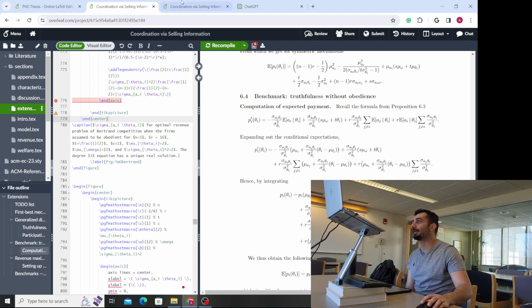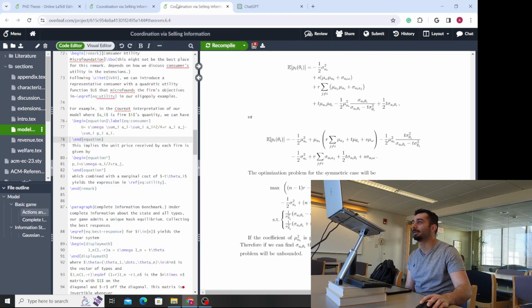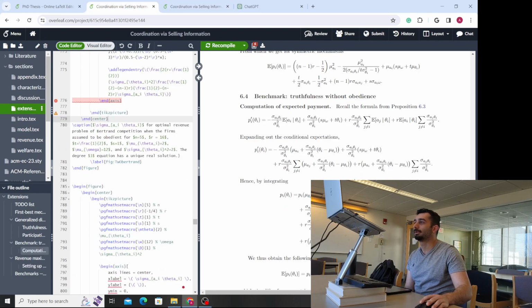Okay, so we have everything, right? These two are the same. N minus 1 mu AI squared, then this, which even looks better with this ratio.